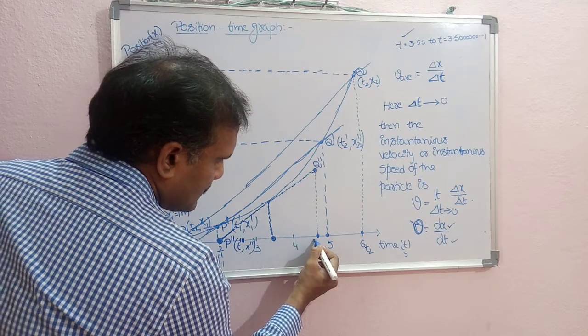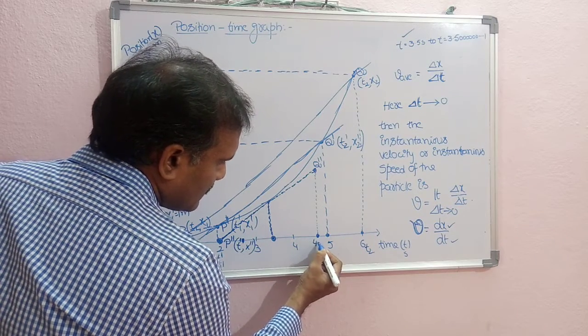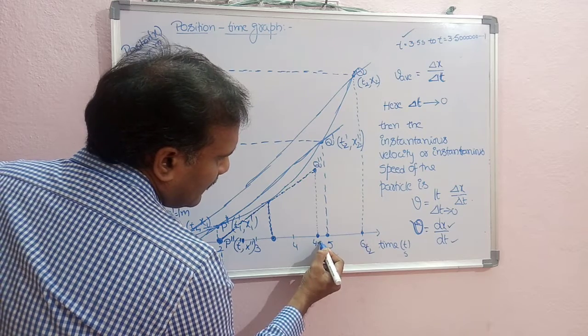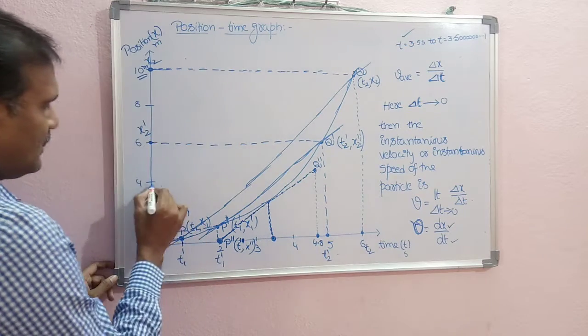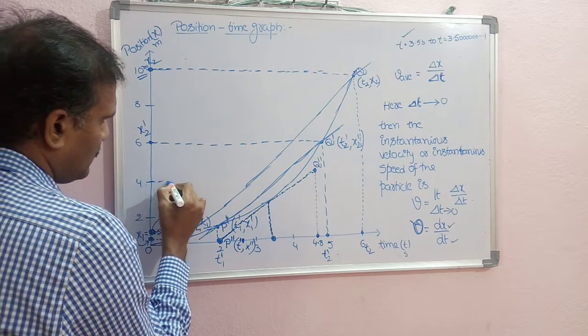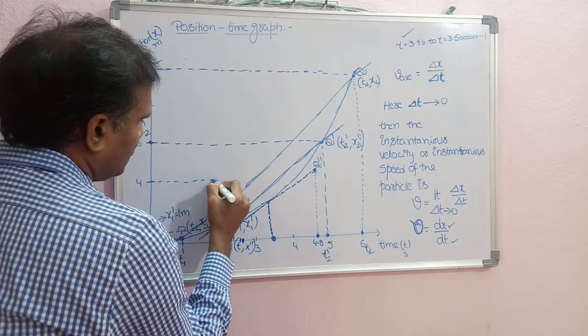What is about this? 4.8 approximately. Now, you can draw a line like this.